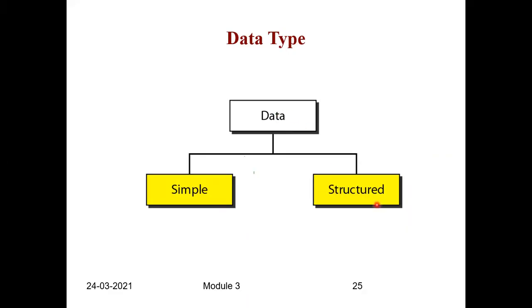Like you might have DBIT branch, under branch you have EXTC, IT, Computer, MEC. Under MEC you have division A and B. That way your data becomes structured data. Accordingly my ASN1 module changes, and some data might be very simple. I might write DBIT EXTC. So data is of 2 types, simple and structured.